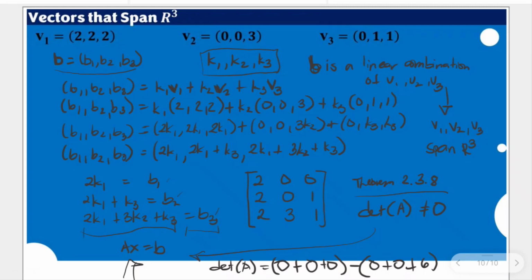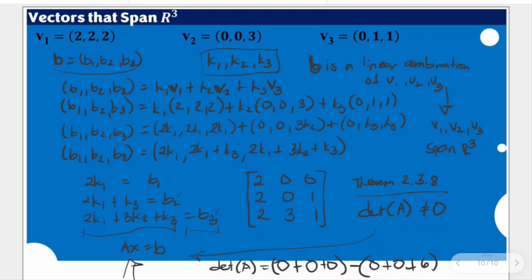So again, when trying to show whether vectors span R3, we need to show that a vector b in the form b sub 1, b sub 2, b sub 3 is a linear combination of the vectors, because it's R3.